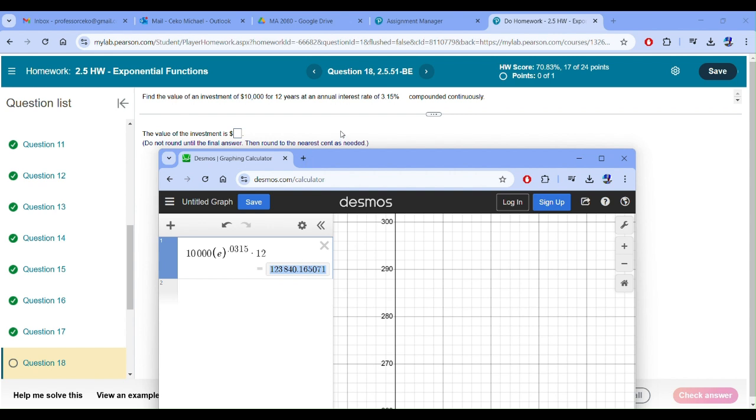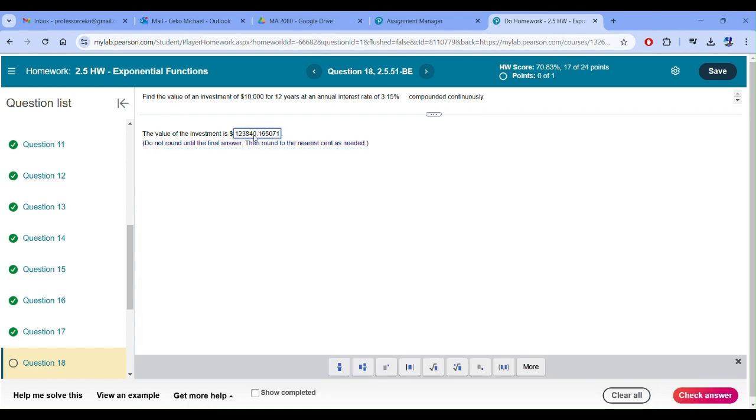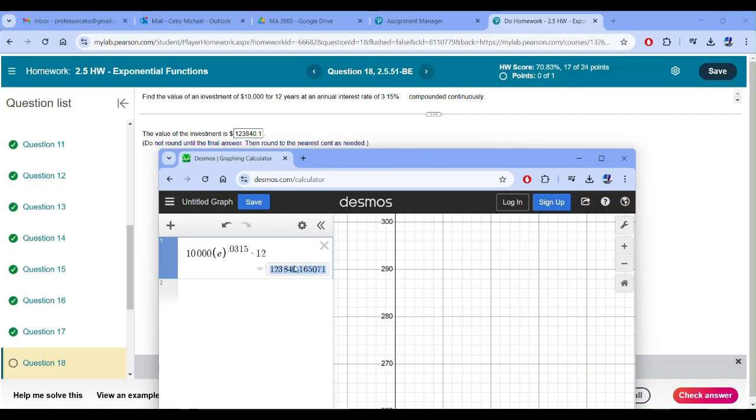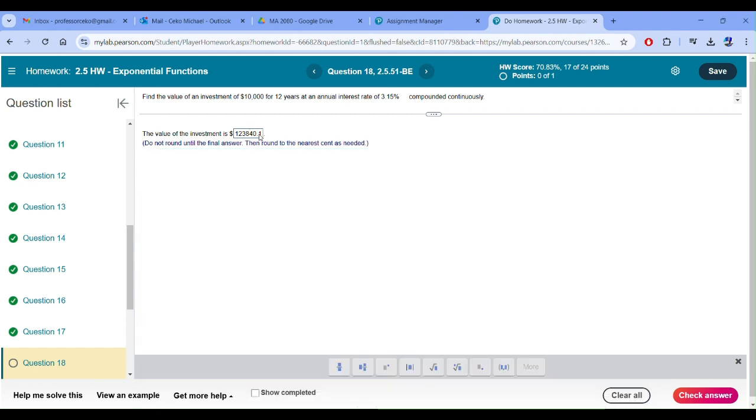I can literally copy paste it, rounding to the nearest cent. That probably gets rounded up. I think it was a 6.5, so that goes up to a 7.